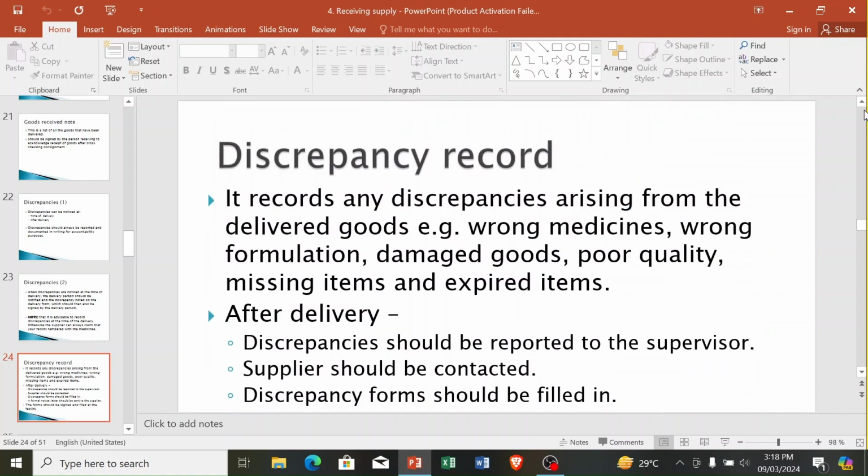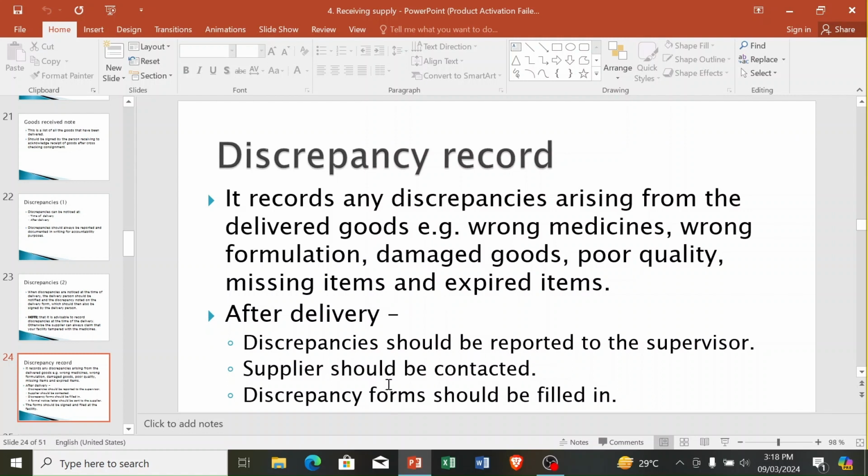Okay, so this is a discrepancy record or form. It records any discrepancies arising from the delivered goods. For example, wrong medicines, wrong formulations, damaged goods, poor quality, missing items, and then expired items, or those with short expiries.